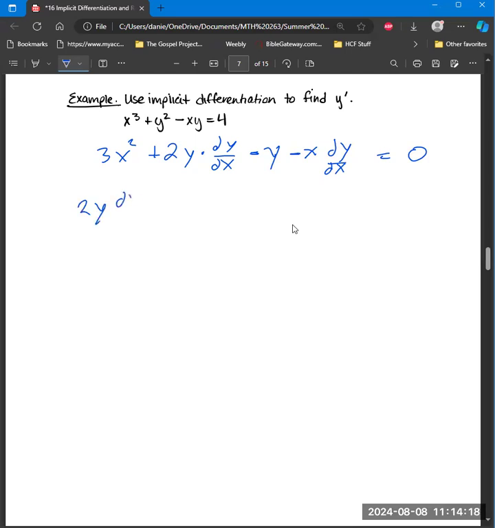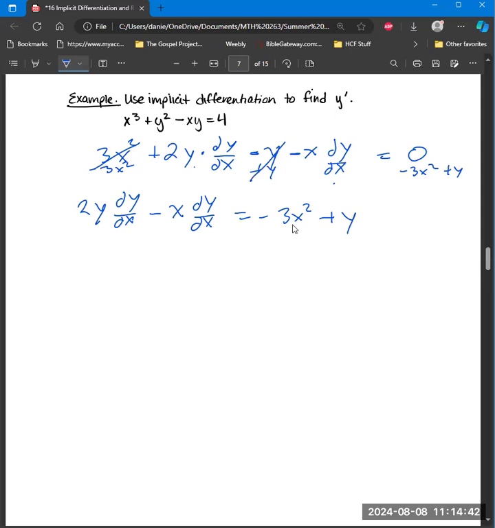That's 2y dy dx minus x dy dx. So these stay on the left. Going to subtract 3x squared from both sides. And I'm going to add y to both sides.